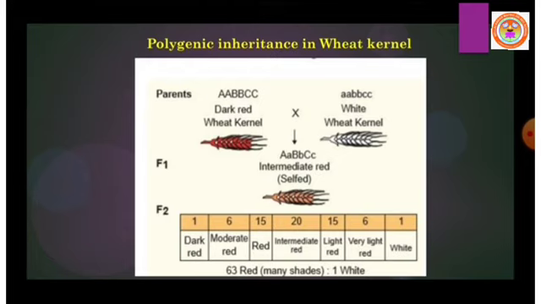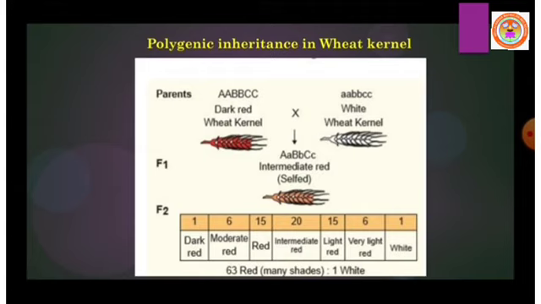The cumulative effect of several pairs of genes during interaction gives rise to many shades of red: dark red, medium red, light red, and due to the absence of the dominant gene capital R, only white.